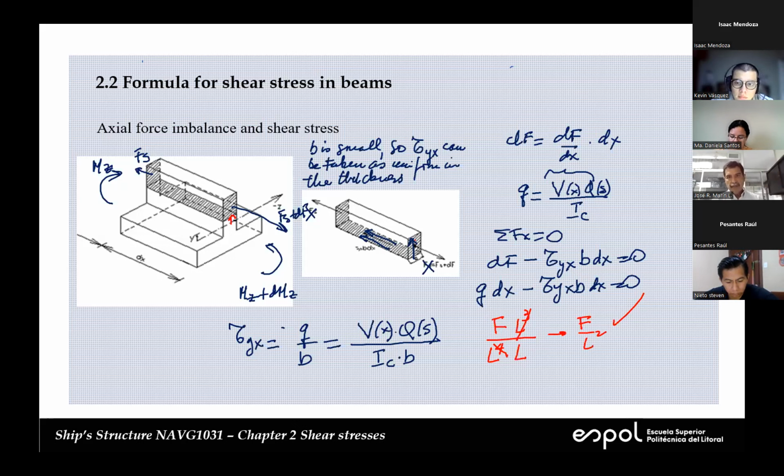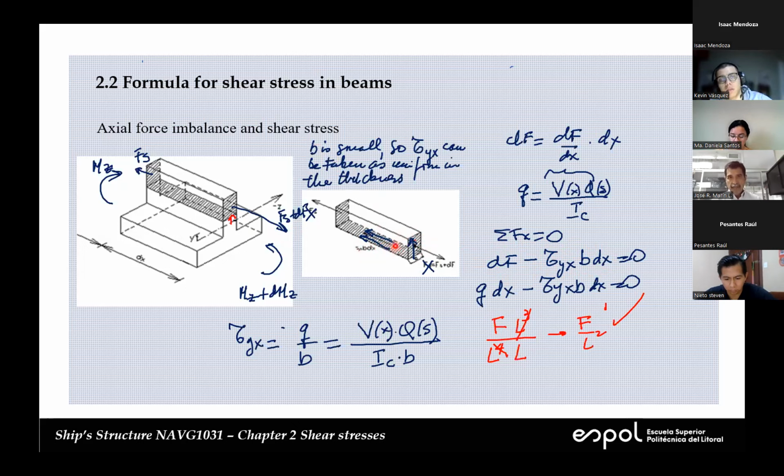And the rest is easy, right? We have a force, EF, that we were able to evaluate. This is the force. In the opposite direction, because it points to the left, this is the force in the cut, and this is the parameter that we want to determine, B dx. It is very important that we remember this is a limitation of this formulation, right?